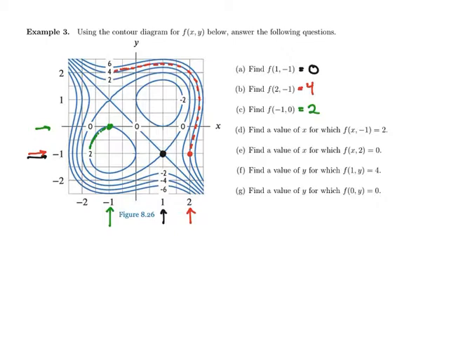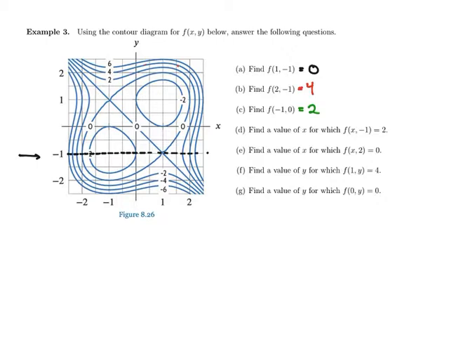So now let's switch up the question a little bit. Let's find a value of x for which f of x, -1 is equal to 2. So here we're looking at maybe a cross section where y is fixed to be -1. So we're looking at this cross section here.